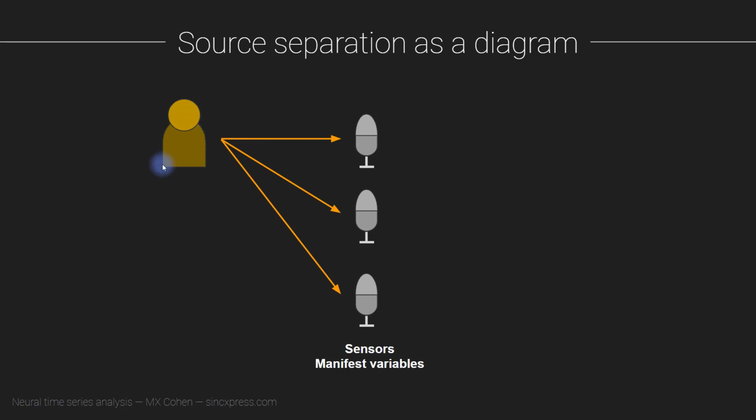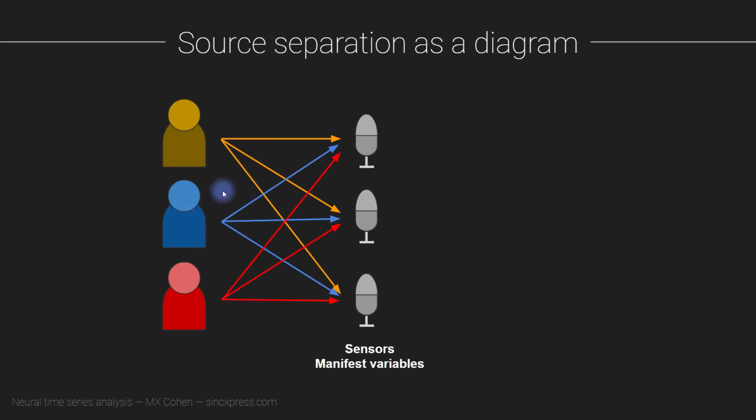Okay, but here is one source. Maybe this is attention. Maybe this is some neural computation. Maybe this is some personality characteristic, and that personality characteristic is, quote unquote, projecting onto these different items in the questionnaire. And then we have multiple sources at the same time. So maybe these two are signals, and maybe this one is noise that's also contributing to this electrode.